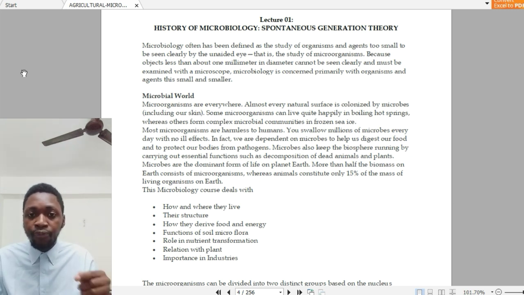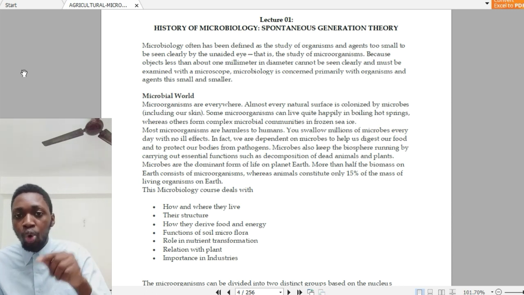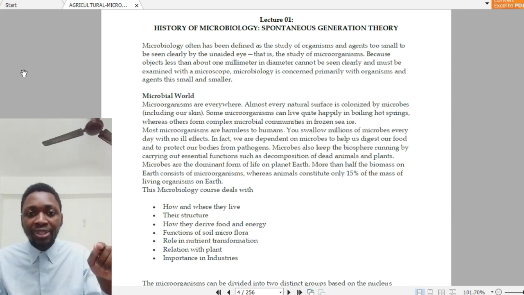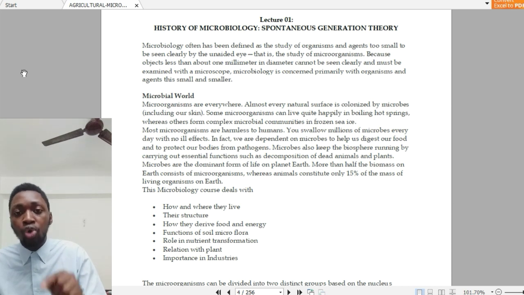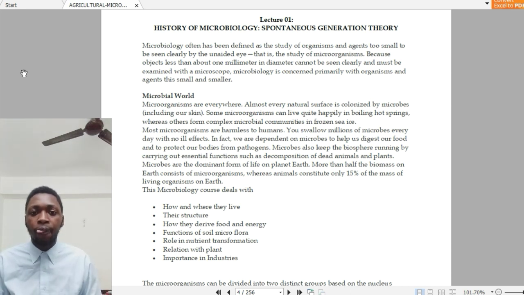The study of small organisms which cannot be seen by our naked eyes is called microbiology. Objects that are less than about 1 millimeter in diameter cannot be seen clearly and must be examined with a microscope. Microbiology is concerned primarily with organisms and agents this small and smaller.